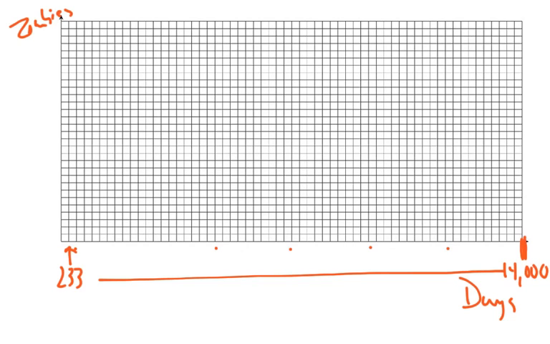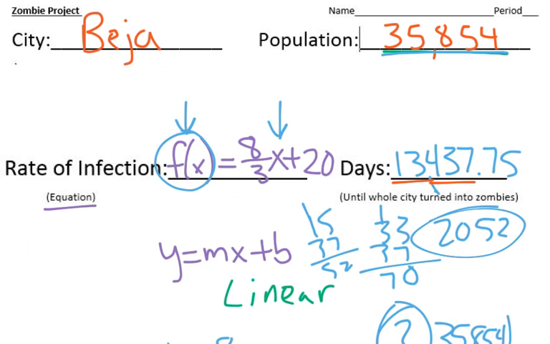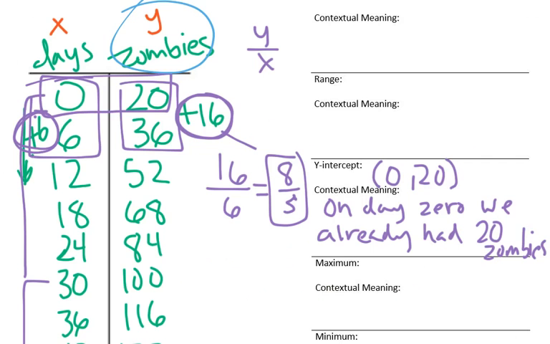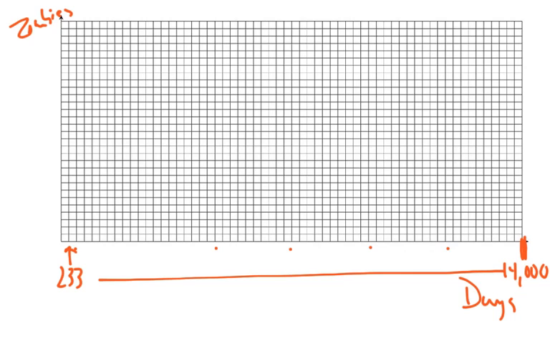Yeah, I could. Now, for the zombies, we need to do the same thing. Okay, so our population was 35,000, so maybe one of these up here, I'd put at 36,000. Okay, so let's count to a good number.